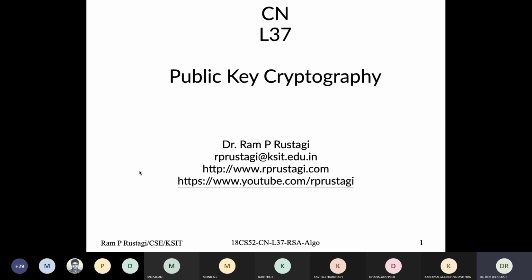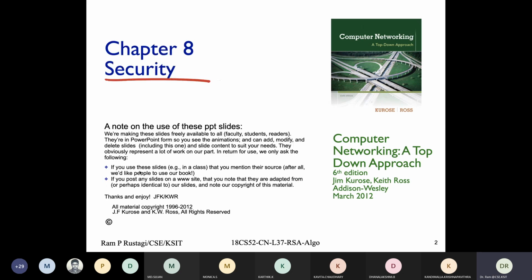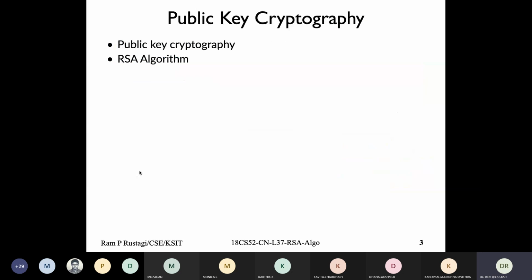We'll start with the second part of our cryptography. Last lecture, we discussed symmetric key, and today we'll look at asymmetric key, which is also known as public key distribution or public and private key.